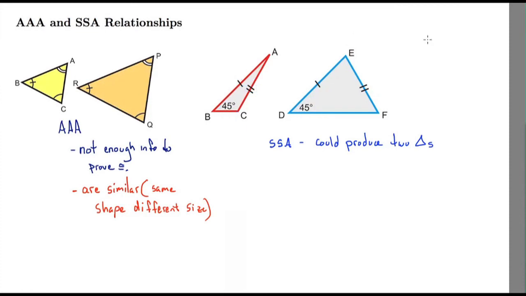We don't know that angle and that second side. We could potentially produce two different triangles. This little dashed line here could swing and make either the obtuse or acute triangle that we have here.